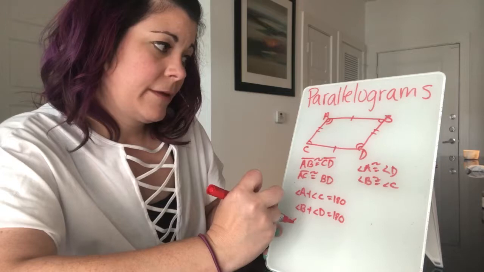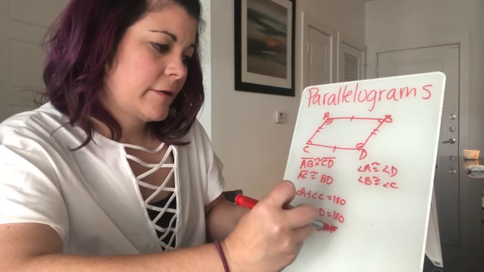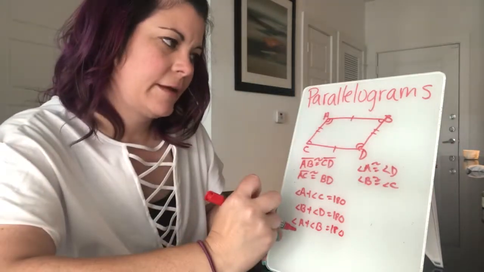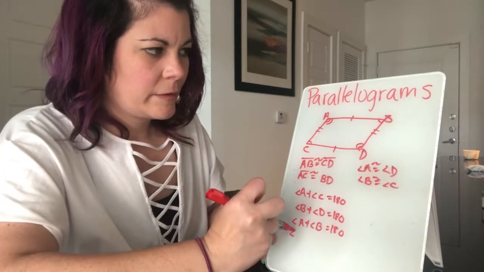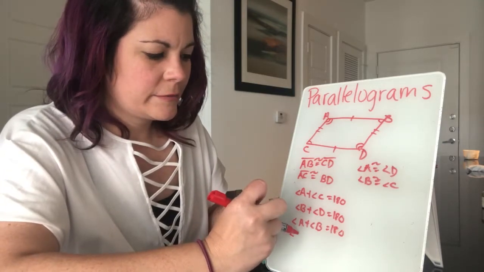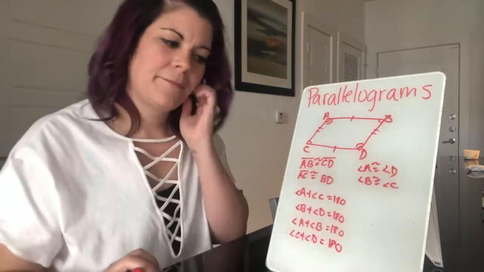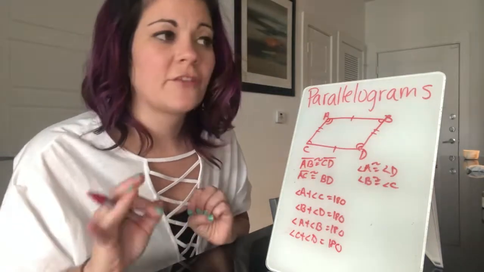Also, I forgot about these: angle A plus angle B is equal to 180 because those are consecutive too, side by side. And then angle C plus angle D are also 180, okay? So consecutive angles are supplementary. That's the third property.